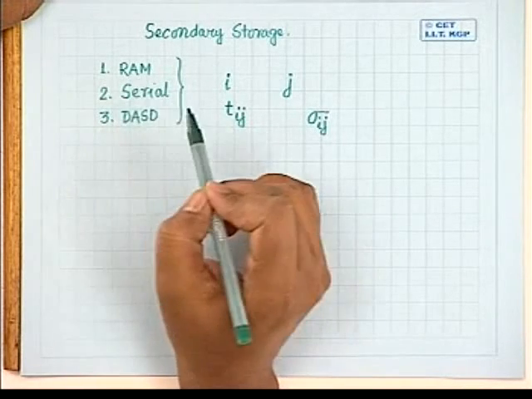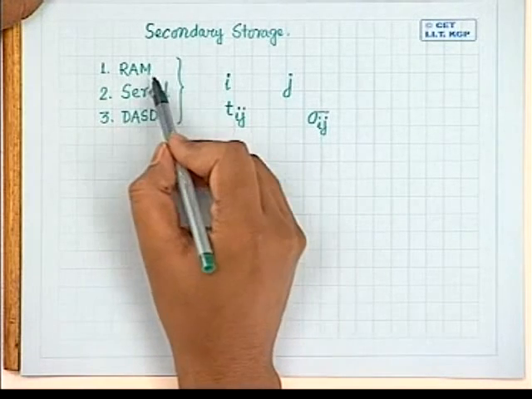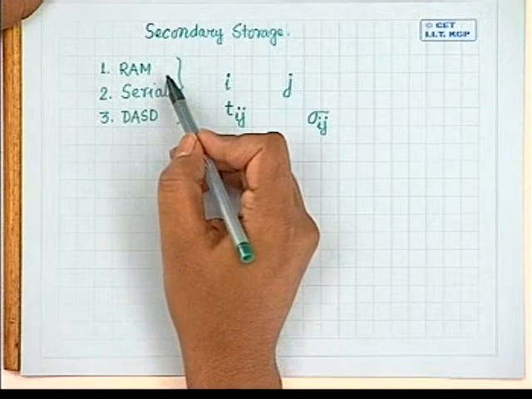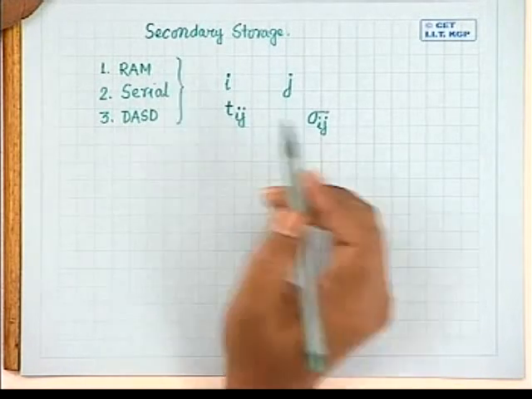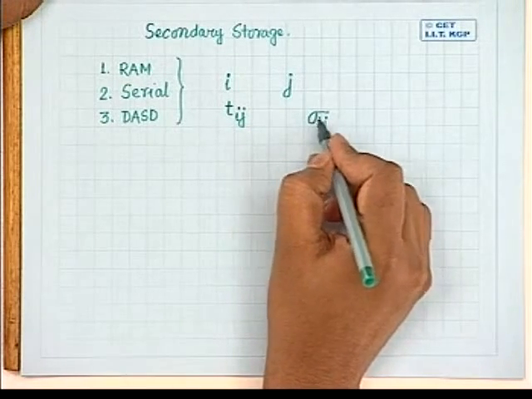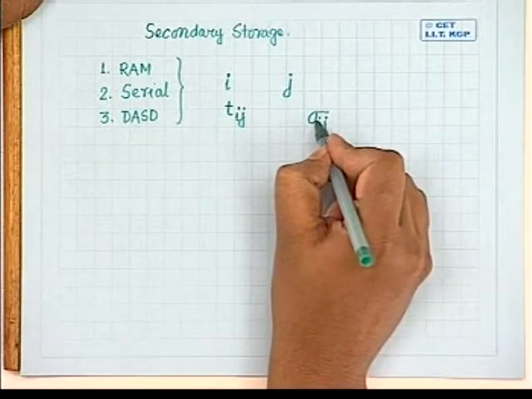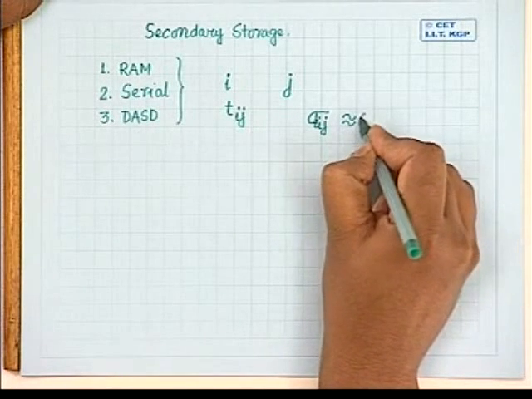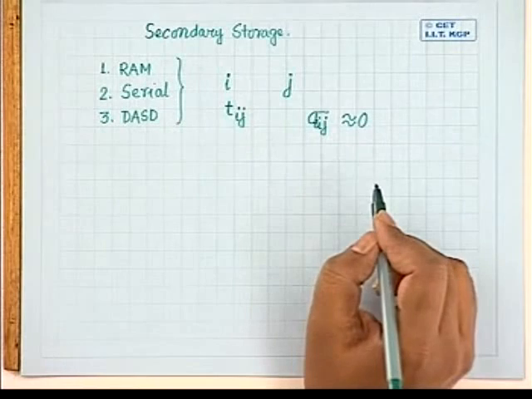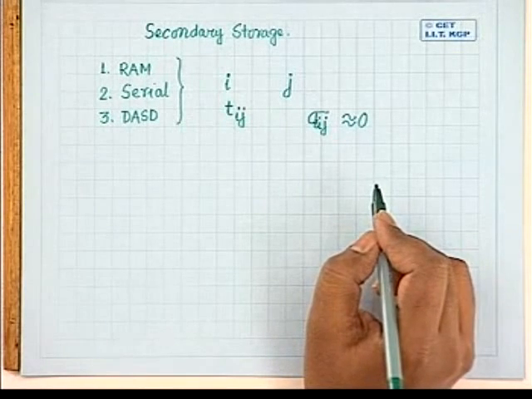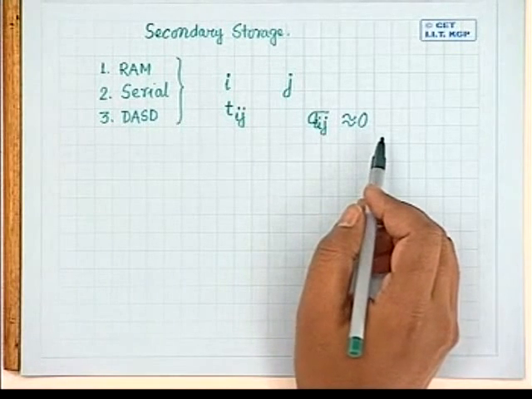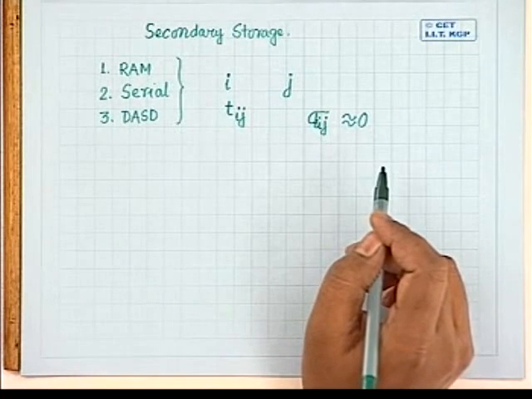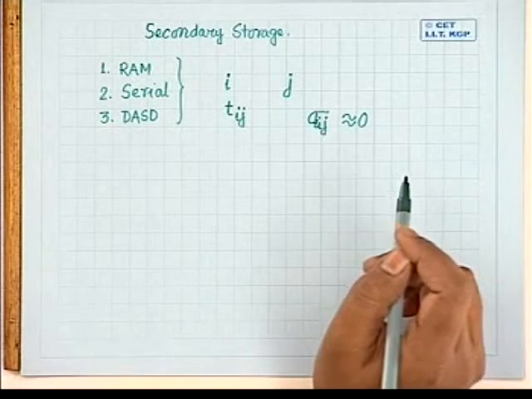So you find that in case of RAM or random access memory, which may be read-only memory or static memory or dynamic memory, the variance in Tij, that is sigma Tij, is nearly 0. That means if currently we are accessing a memory location, say 5, and the next memory location that we want to access is, say, 15, then the time remains more or less the same.